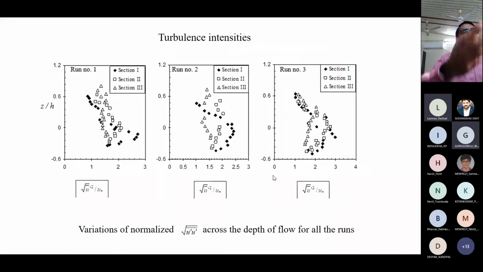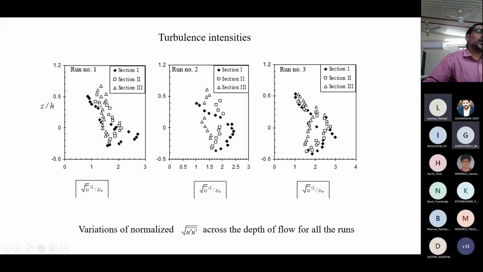Right now, the turbulence intensity, which you calculated yesterday, again for the same 3 sections, section 1, 2, and 3, and throughout the depth, that is z/h0. Now you can see the important thing we have to note here, that the variation is like this.